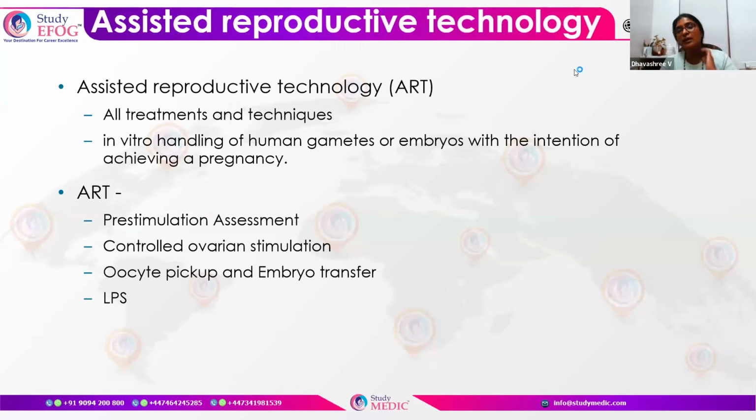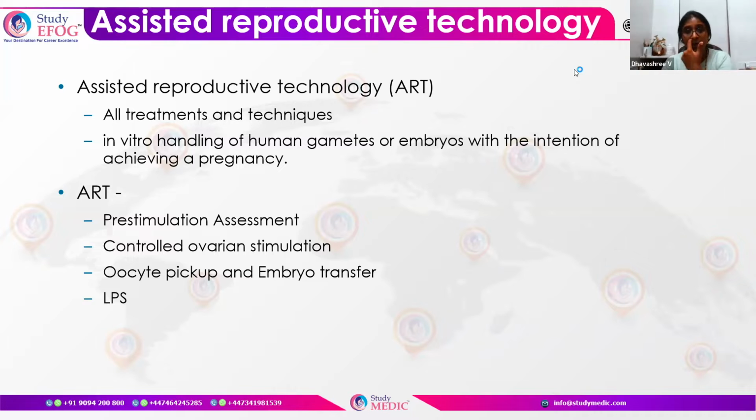Basically, controlled ovarian stimulation is done in assisted reproductive techniques. What is an assisted reproductive technique? It's all the treatments and techniques that involve in vitro handling of human gametes or embryos with the intention of achieving a pregnancy.